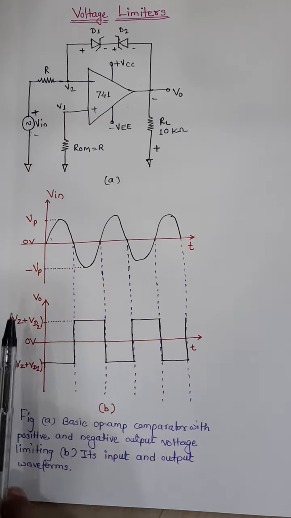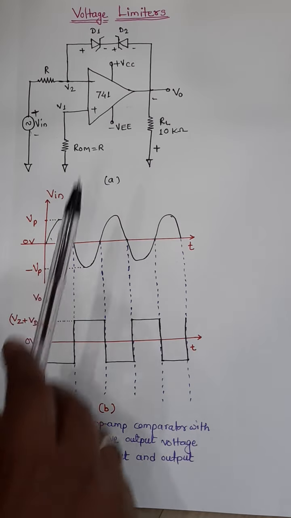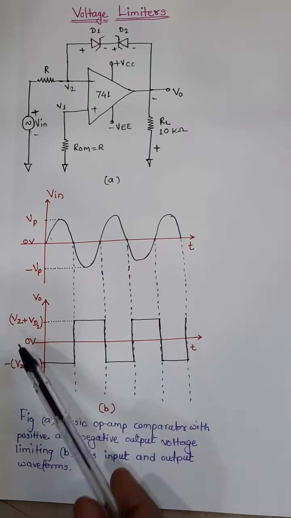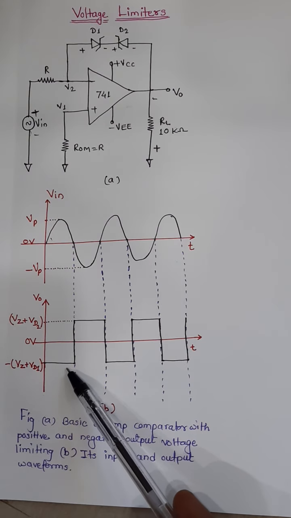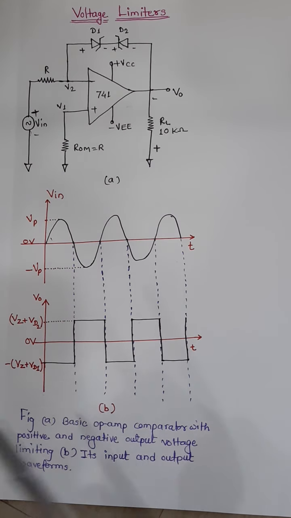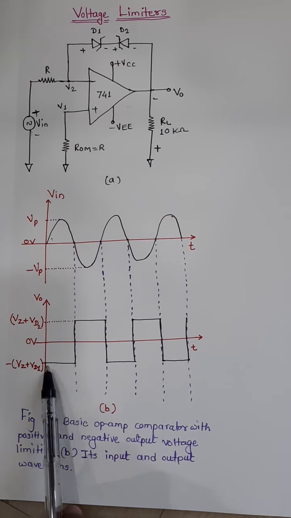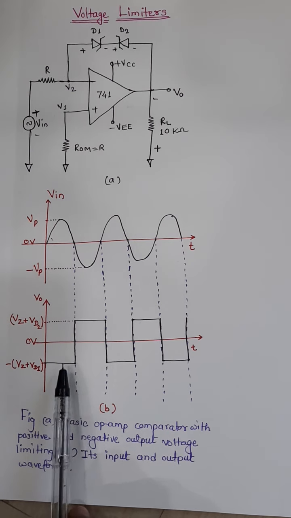So what happens is, as we have provided the input to the inverting terminal, the output voltage increases in the negative direction. So when the input Vin crosses 0 volt and increases in the positive direction, the output voltage V0 increases in the negative direction. Up to which point will it increase?